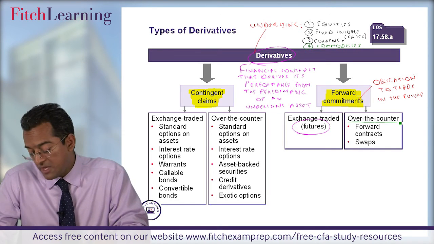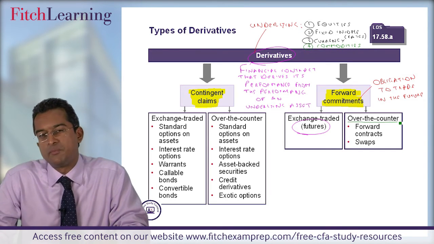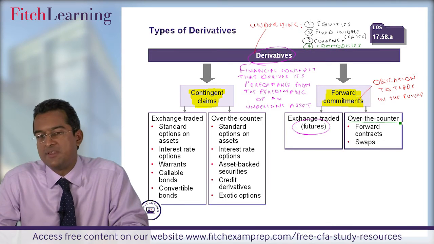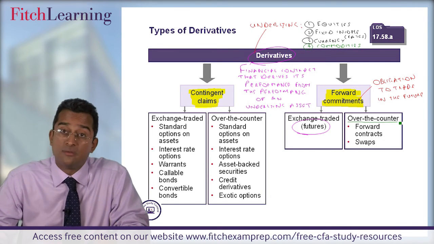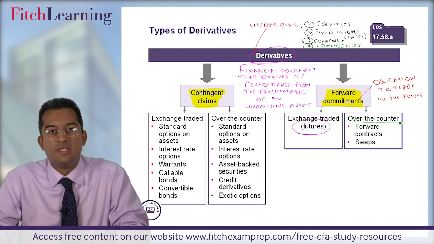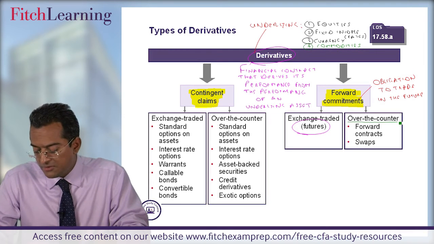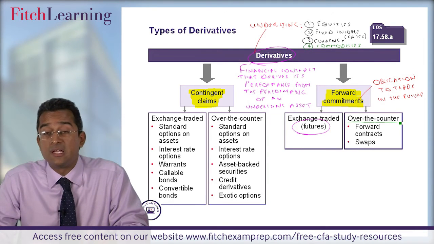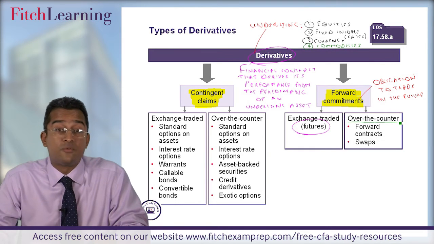Either way, the idea is that over-the-counter, privately negotiated contracts can be designed. But still, it's a forward commitment. So one party will be buying, one party will be selling at some point in the future based upon the underlying itself. And over-the-counter contracts, therefore, tend to be less regulated because they are privately designed.